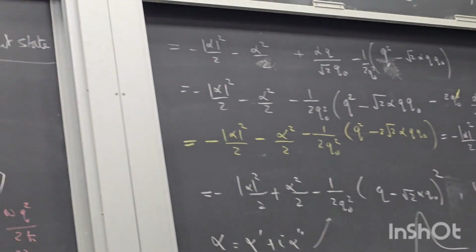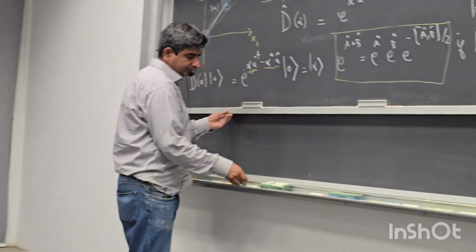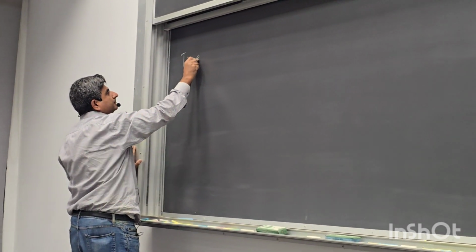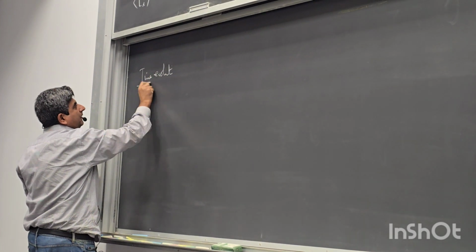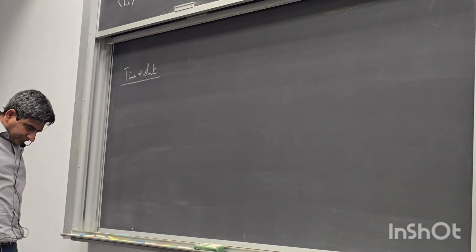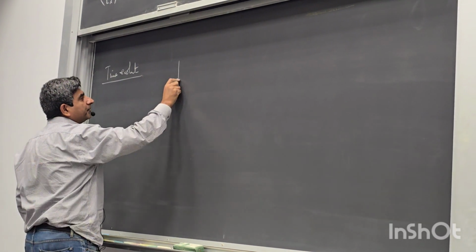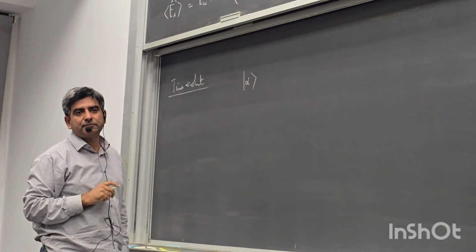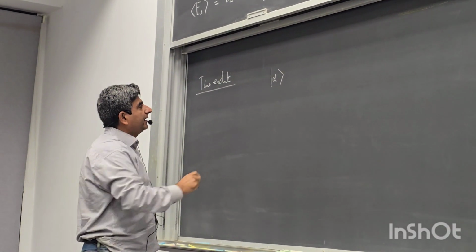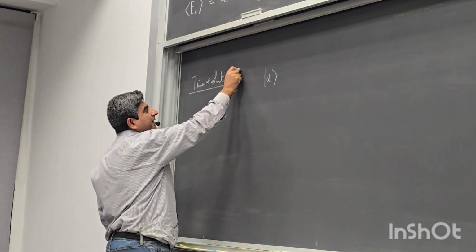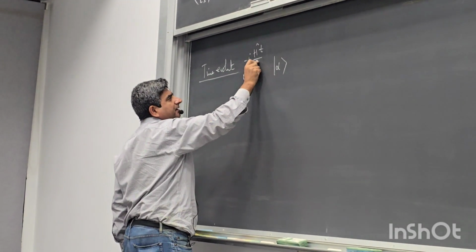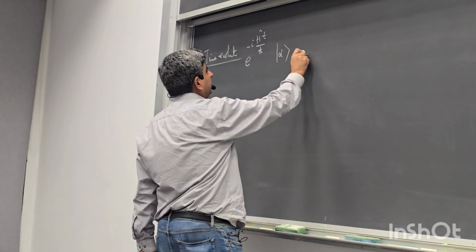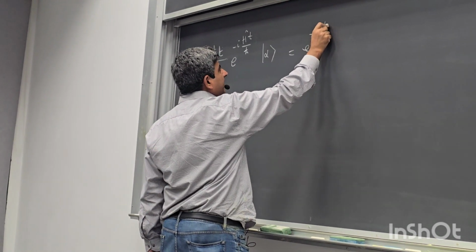So suppose I have some state alpha at time t equals 0, and on this state acts the time evolution operator, e to the minus iota Hamiltonian t over h bar.